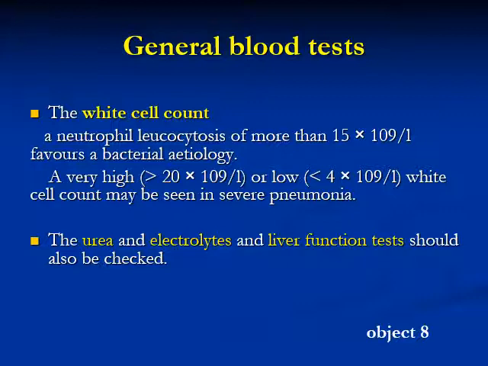So very high leukocytosis or leukopenia may be seen in severe pneumonia. Also we check serum creatinine and urea, electrolytes and liver function tests, because liver function tests are affected by pneumonia, especially atypical pneumonia.